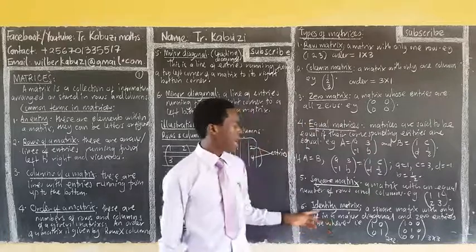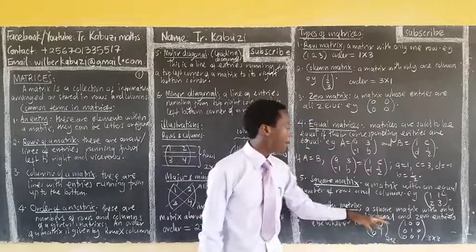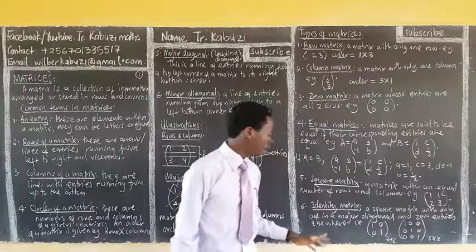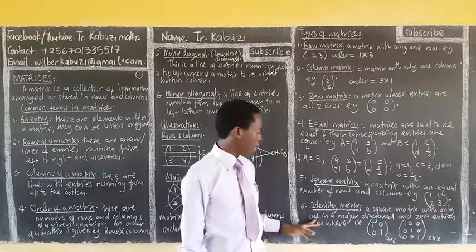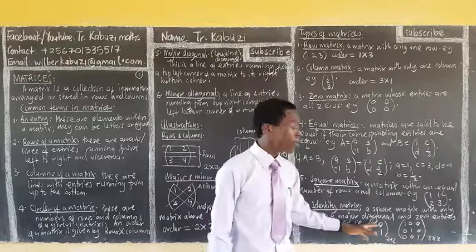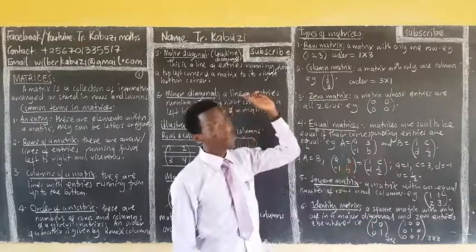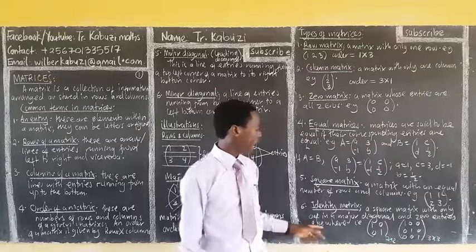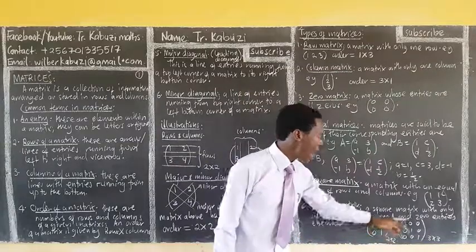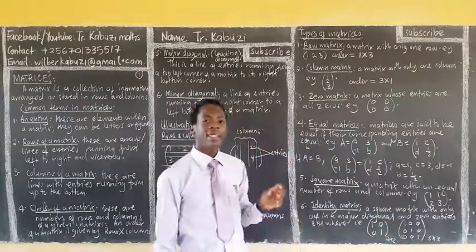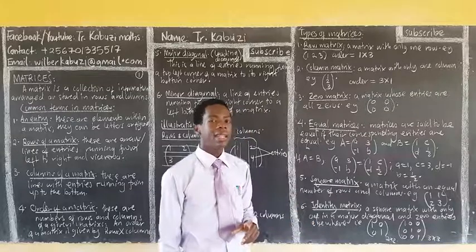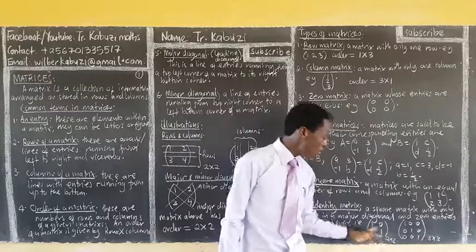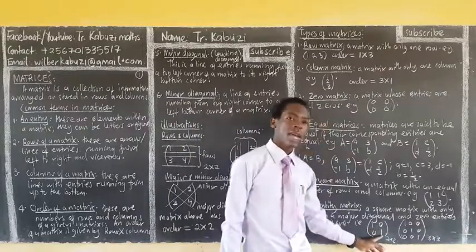When we come now to an identity matrix, it is a square matrix with only 1s in the major diagonal, from the top left to the bottom right, and zeros elsewhere. So this matrix is said to be an identity matrix if it has 1 in the major diagonal.